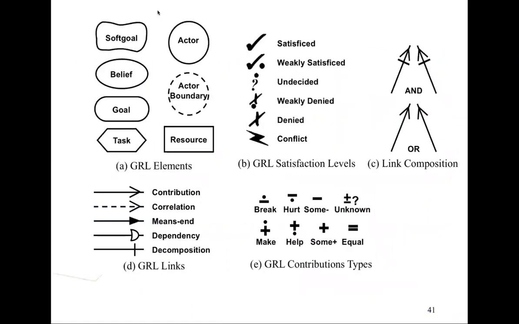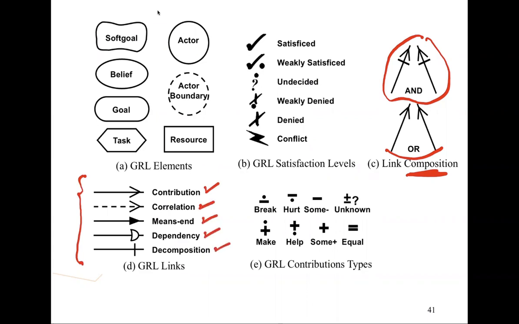This notation is widely used, and it is very important for you to understand the difference between the AND decomposition as well as the OR decomposition, especially when we are talking about decomposition of tasks into one or more soft goals or hard goals. Also, it's very important to identify the differences between different types of links: contribution, correlation, means-end, dependency, or decomposition. We could have just an actor with one circle, or an actor with a boundary, and inside the boundary we can see all the components of the intentional elements.